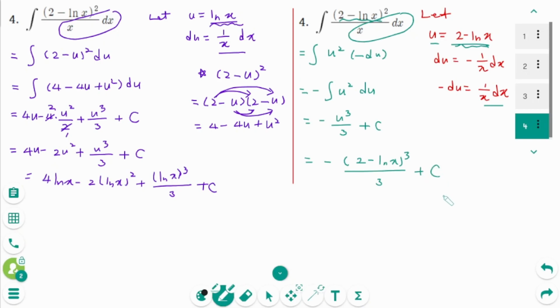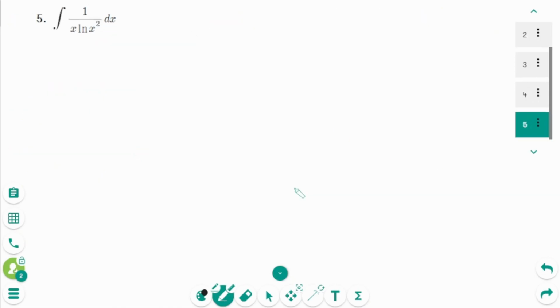How is it? It's not that the first solution is wrong, but the second method is faster and easier. In this problem, we need ln x, not ln x squared. But don't worry, just use the logarithmic property. Ln x squared equals 2 ln x, since the 2 can go down.